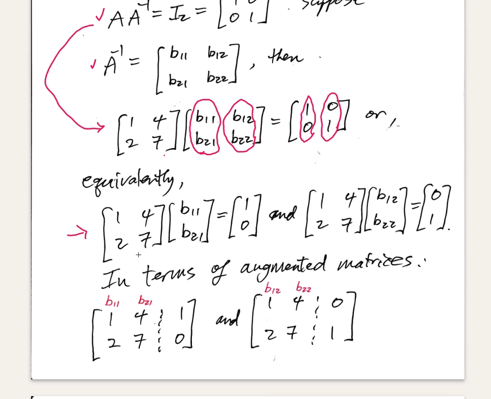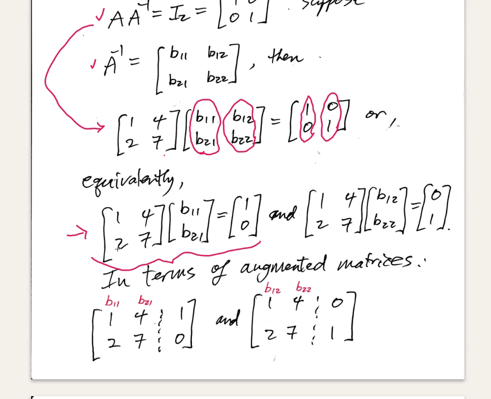Now, when we see something like this, remember that we could rewrite it. One way to think about that is in terms of Gaussian elimination. Let's stop here for a second and see what the first line would be saying. If I multiply these matrices, I would be saying 1 b11 plus 4 b21 equals 1. That would be one equation.